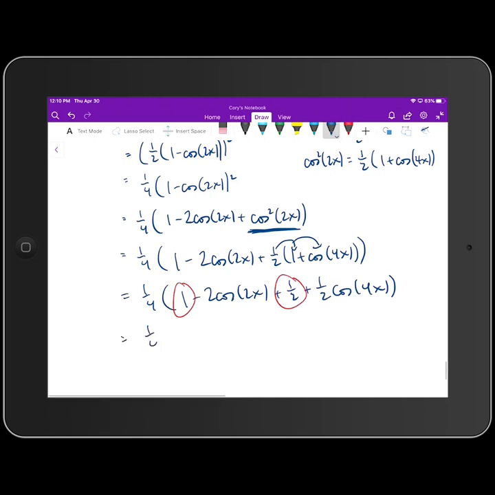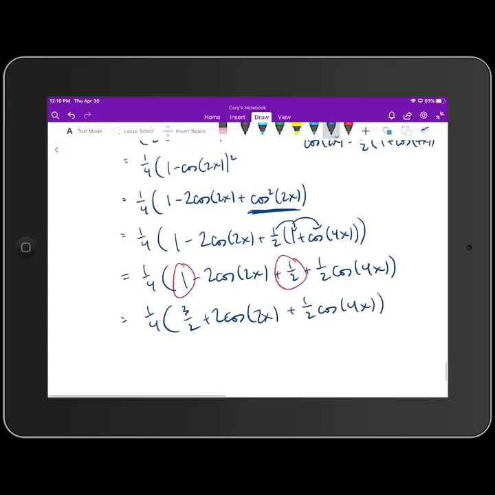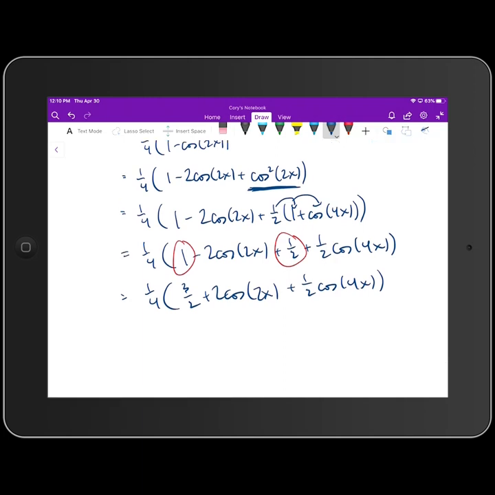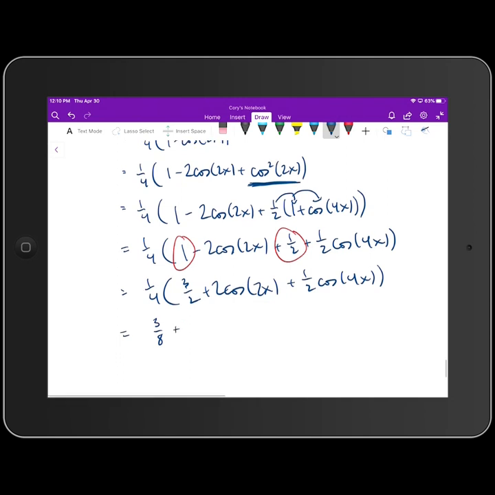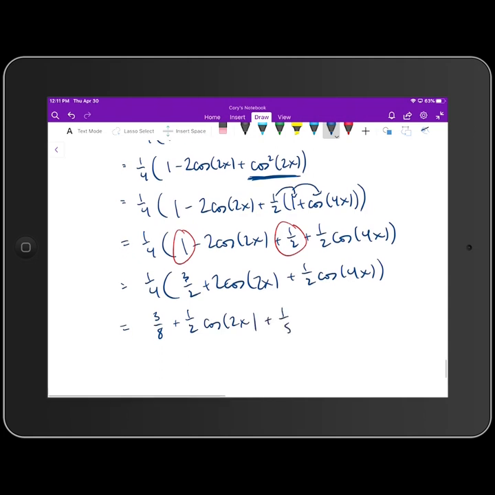So that's 1/4 times 1 plus 1/2 is 3/2, plus 2 times the cosine of 2x plus 1/2 the cosine of 4x. The last thing is to distribute 1/4 across all of those terms. So 1/4 times 3/2 is 3/8. 1/4 times 2 times the cosine of 2x is 2/4, which is 1/2 the cosine of 2x. And then 1/4 times 1/2 is 1/8 the cosine of 4x.